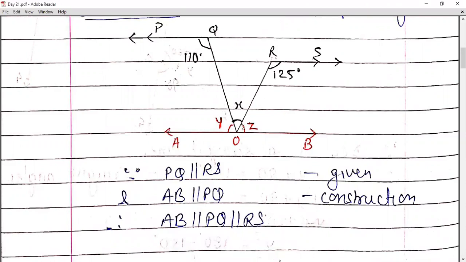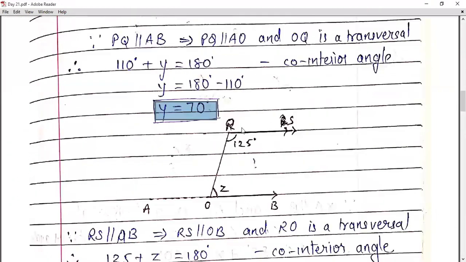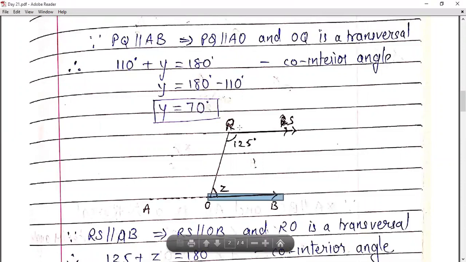Taking a simplified figure of this main figure, I'll take RS parallel to OB. So RS is parallel to OB and RO is acting as a transversal.